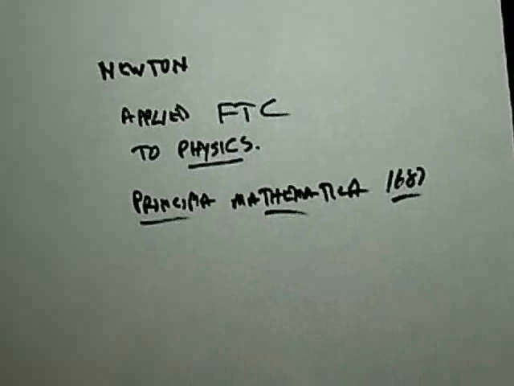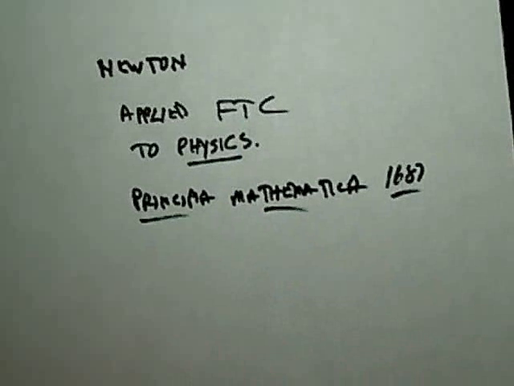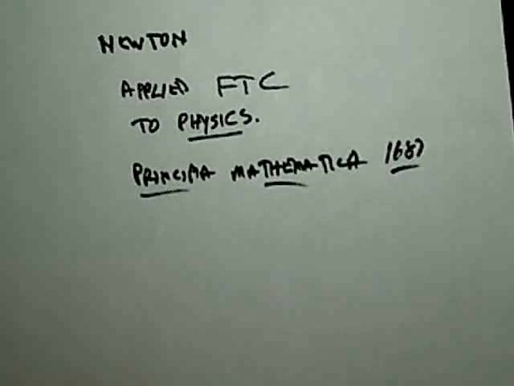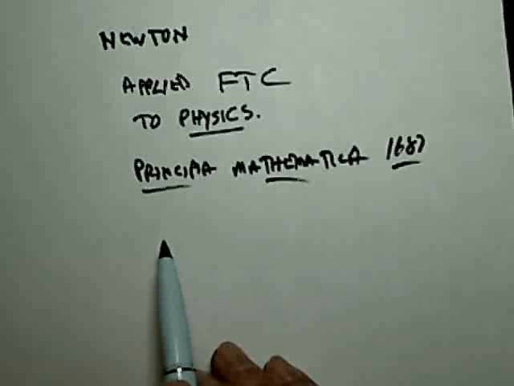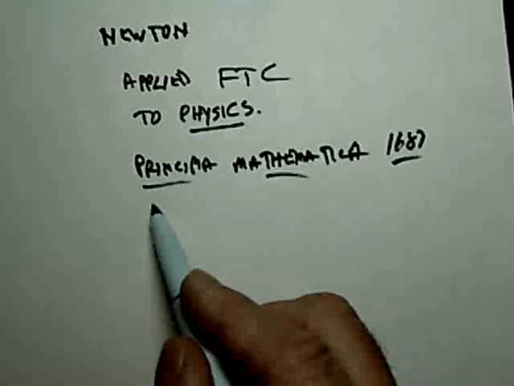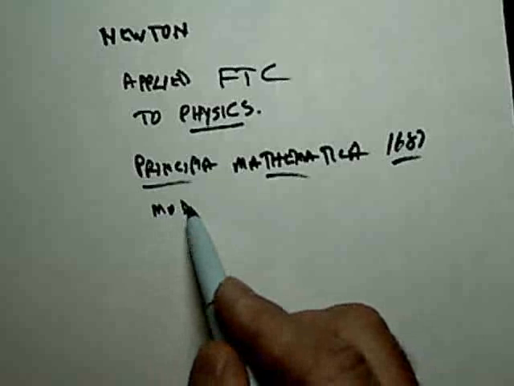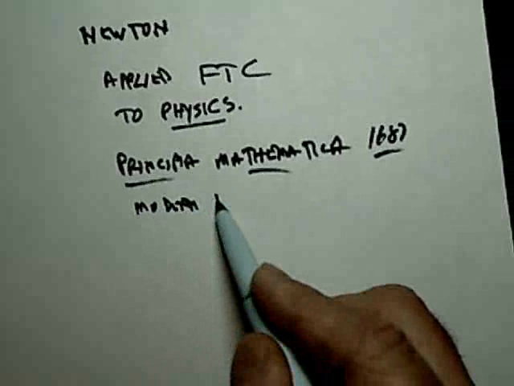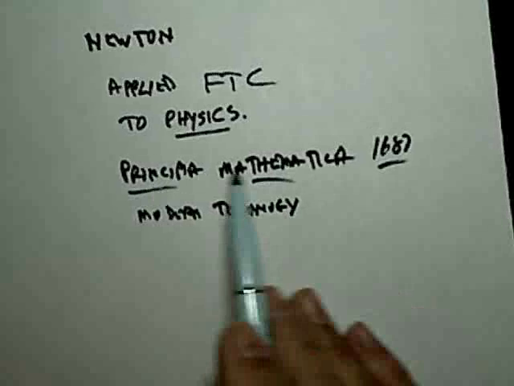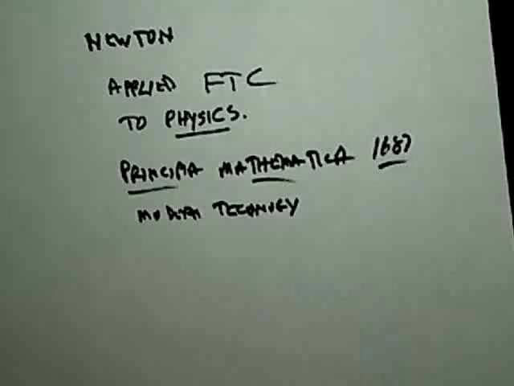There were historical reasons why he didn't want to include the calculus as he presented this, and I won't get into that now. That's a whole other interesting subject. But Newton basically laid the groundwork for modern engineering and technology with what he discovered in Principia Mathematica, and also modern astronomy and things like that.